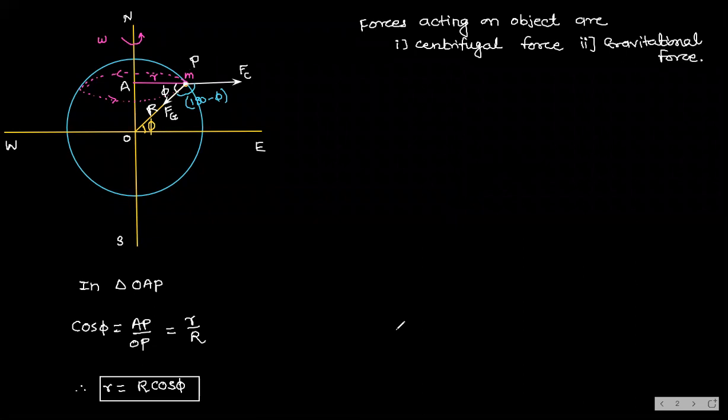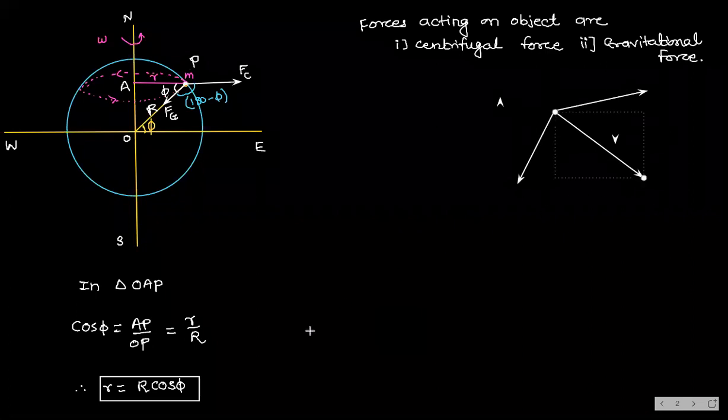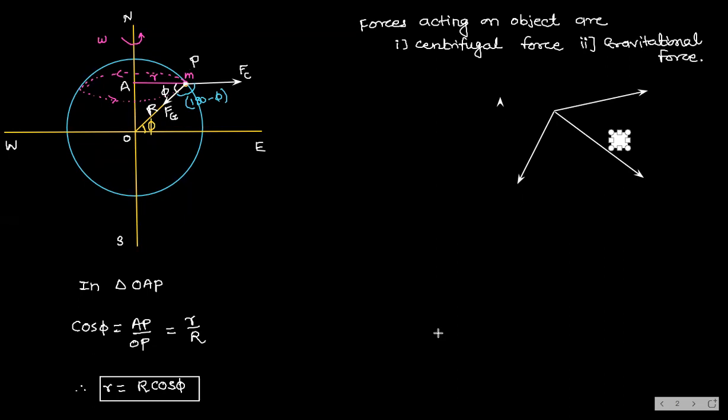Last time I told you one thing: if you have two vectors separated by some angle and you want to find the resultant, which formula did we use? Root of F1 square plus F2 square plus 2 F1 F2 cos theta.